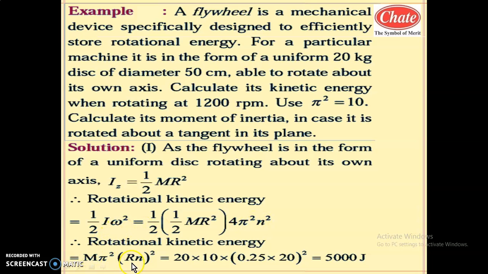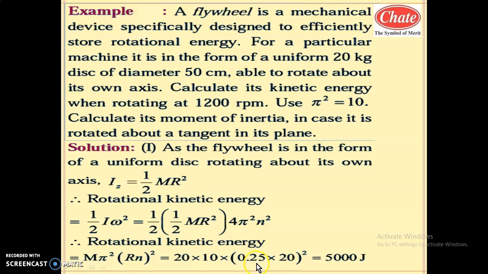So m, this is r into n. Here the whole square is written and this term is pi square. Pi square value is given as 10. So here mass is 20 kg. Pi square value is 10. Radius is 25 centimeter, so in meter it is 0.25, into n, I already said to you to divide this value by 60, so n will be 20. So the whole square of this r and n term, because r square and n square, we can write as the combined whole square.